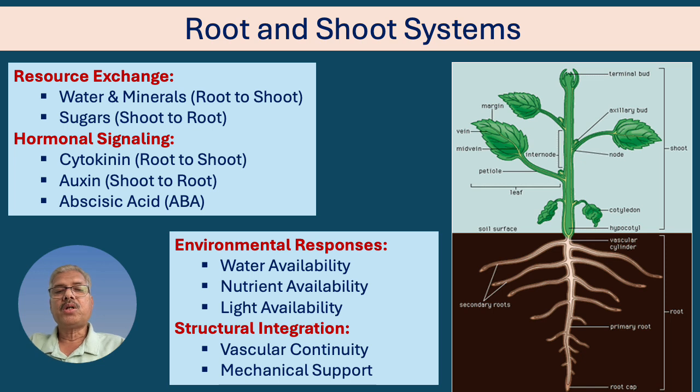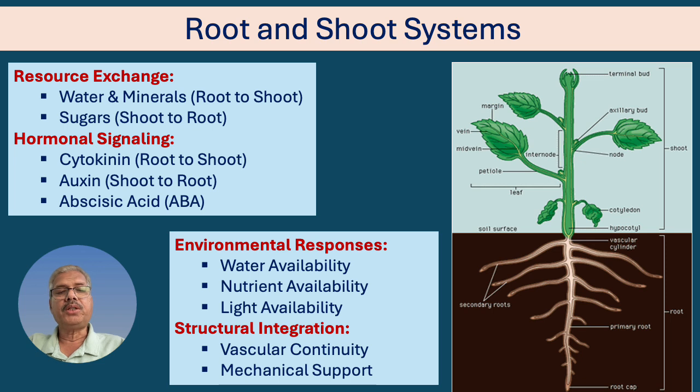The roots produce cytokinin hormone that promotes cell division and delays leaf senescence. These hormones are transported to the shoot, influencing shoot growth and development. The shoots produce auxin hormone that regulates cell elongation and apical dominance.